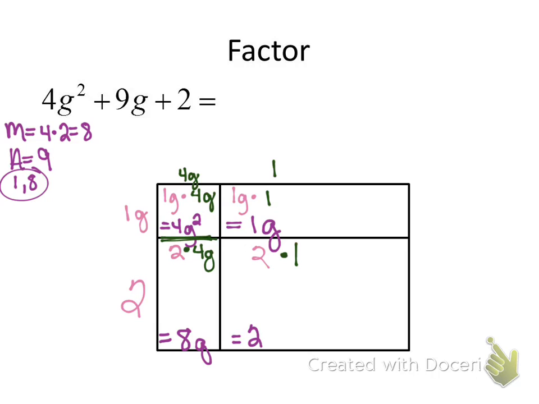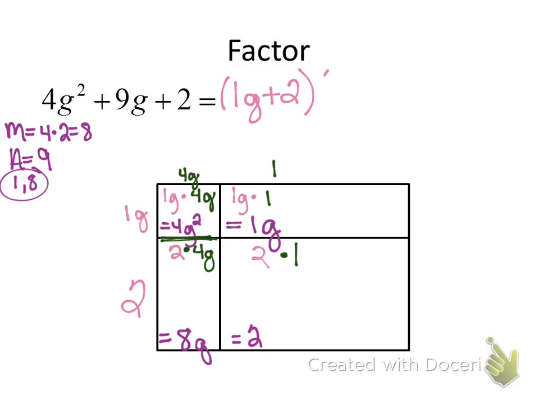Now you're ready to write your final answer. This time I didn't give you the blanks to fill in. But when we're doing rectangles, we write down our height times our width. So what's our height? How would I write my final answer? Parenthesis. 1G. Do I have to have that 1 there? No, don't have to. Plus 2. In that parentheses close.